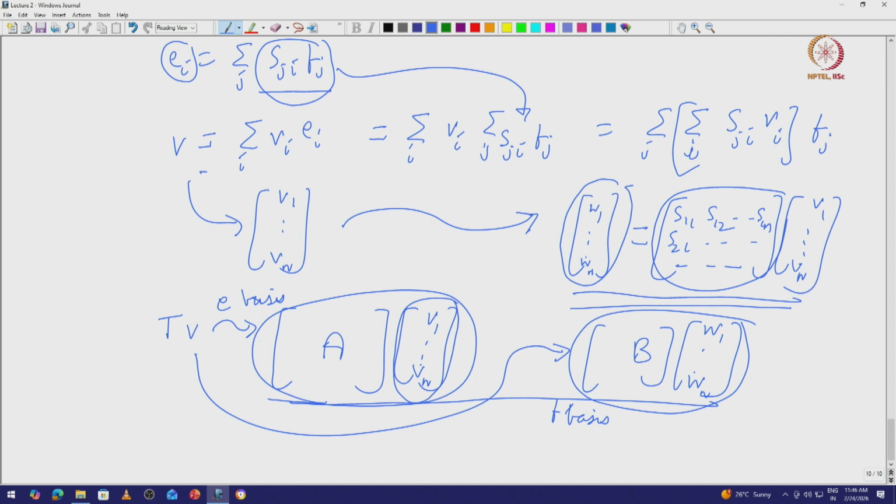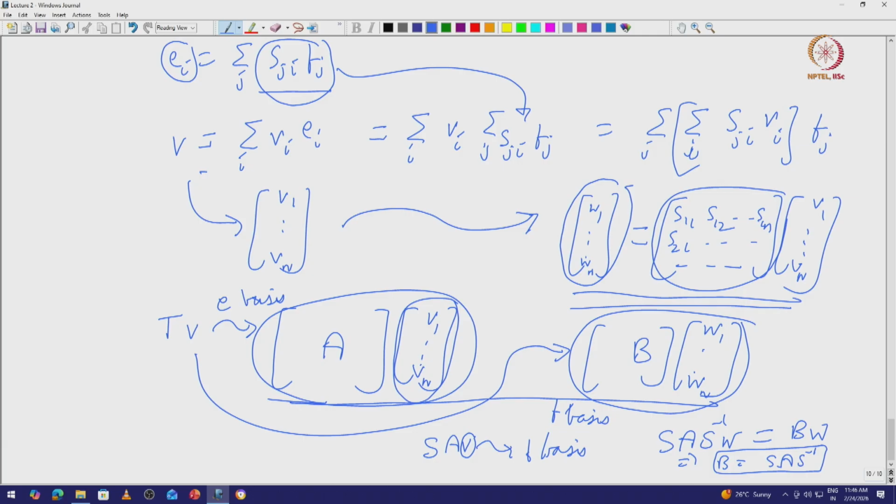So S times AV would be the column vector in the F basis. But V is the column vector in the old basis. So S A S inverse W equals BW, which means B equals S A S inverse. This is the crucial little equation that we get.